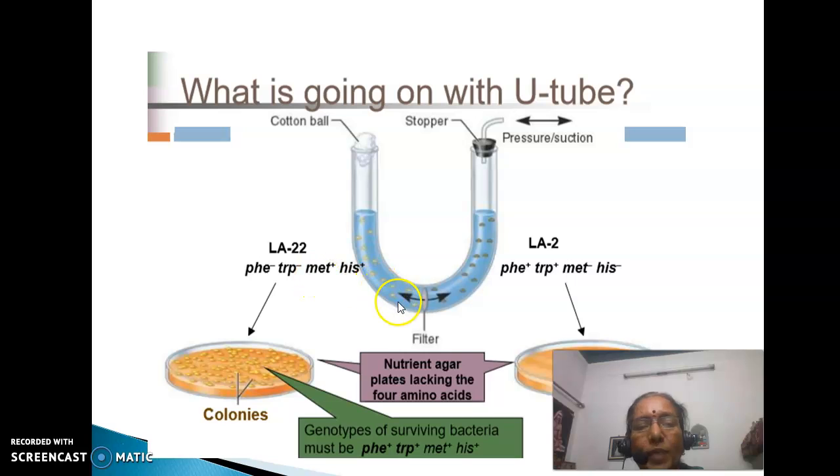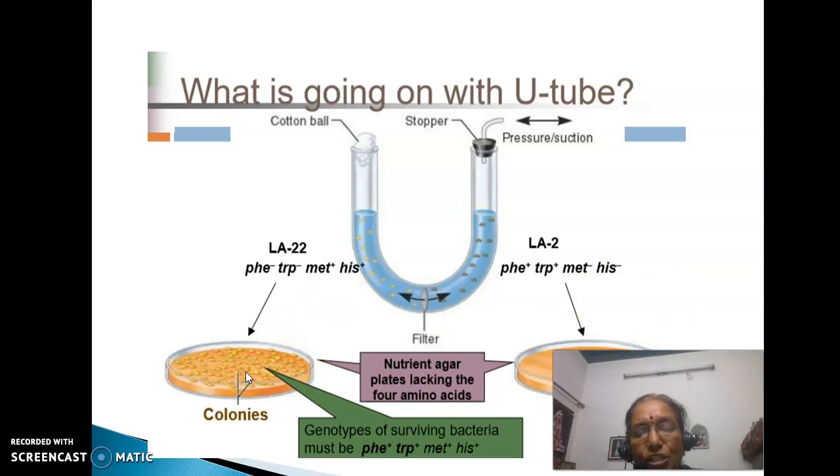In this experiment, I take LA22 on one side of the U-tube and LA2 in the other arm, and both strains are separated by a porous filter. When these two strains are in the two arms, there can be some sort of recombination. Because of the recombination, when I grow the mixture on plates lacking amino acids, you can find colonies still growing.